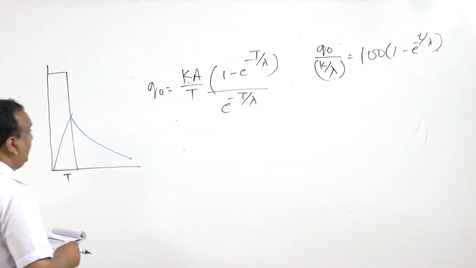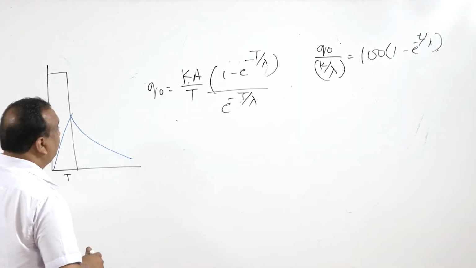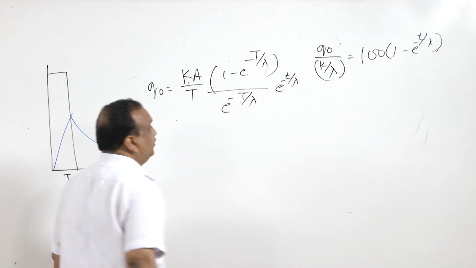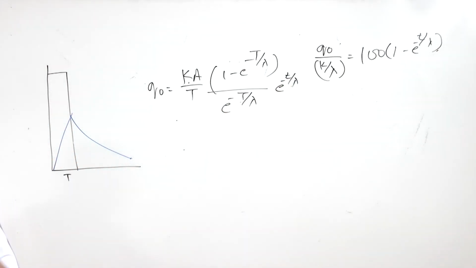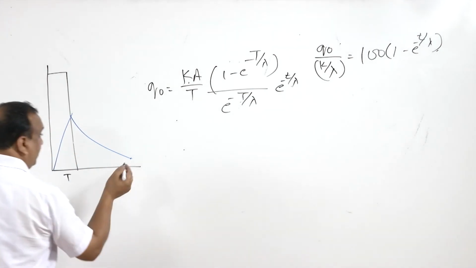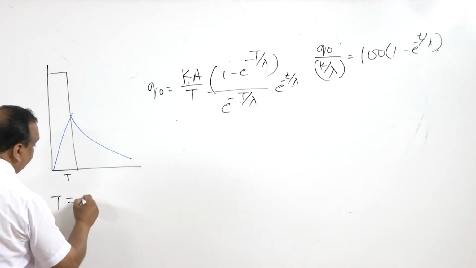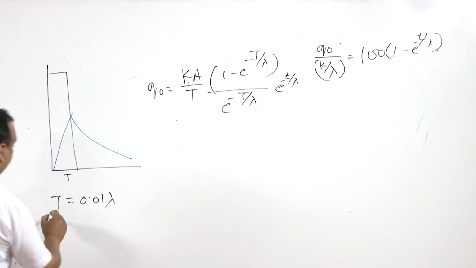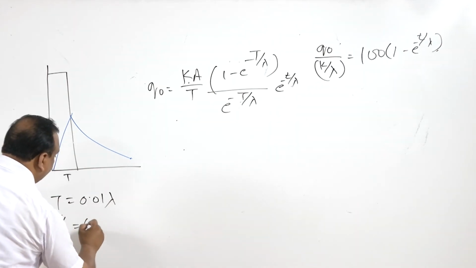So when we take the approximate solution for this region, this is multiplied by e raised to the power minus t by lambda. Now, if we take the approximation, and here we have already noted that T is equal to 0.01 lambda, or we can say T by lambda is equal to 0.01.